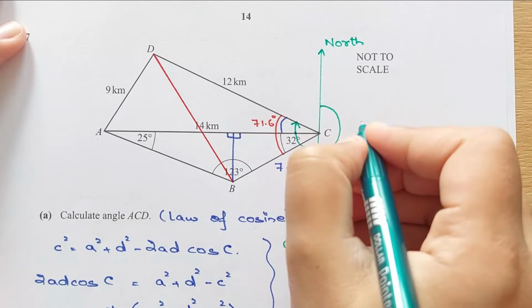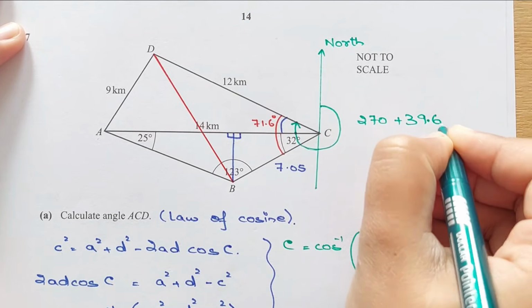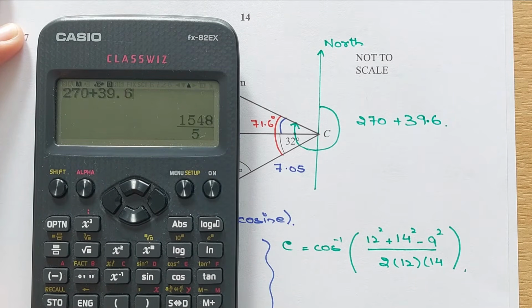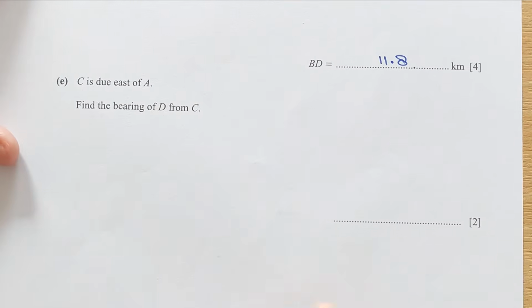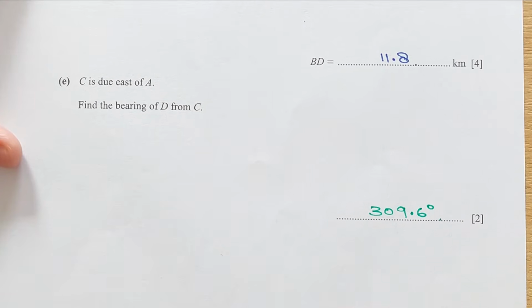So the bearing is 270 degrees plus 39.6, this is equal to 309.6 degrees. So let me write this down. 309.6 degrees is the bearing of D from C.